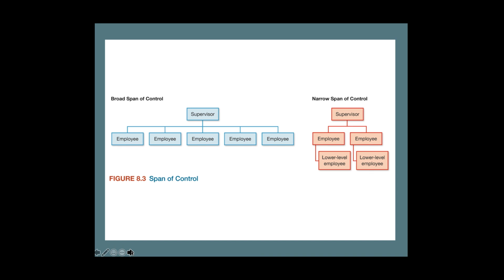Compare that to the supervisor on the right, who only has 2 employees reporting to them, and they have employees reporting to them, and therefore they have a measure of authority and independence granted to them, right? In that particular case, you manage fewer people, you have more discretionary time to tend to other tasks besides the direct supervision of employees. And that's one of the things that naturally comes out when you decide your organization will have a broad span of control or a narrow span of control. That's one of the consequences. And there are others, of course. You can think about those, more about that in the textbook as well.